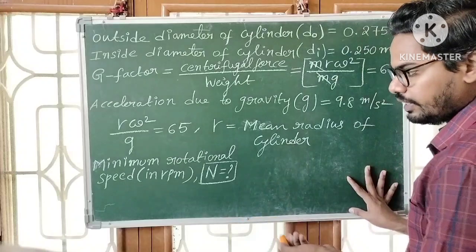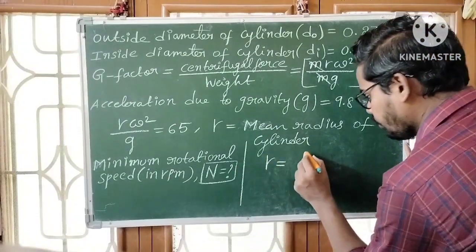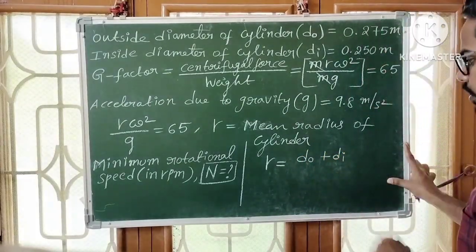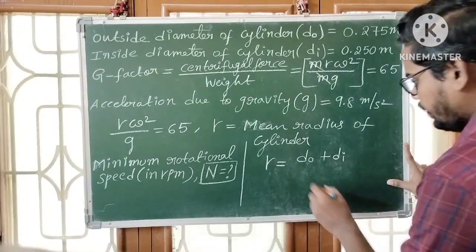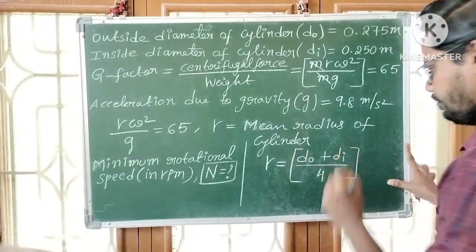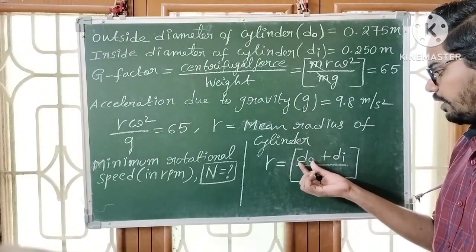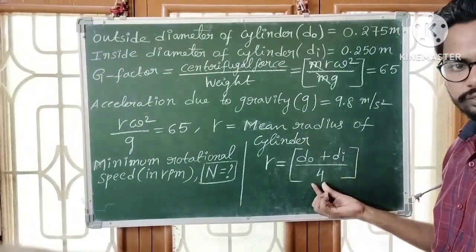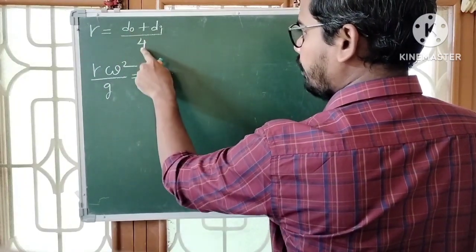So how do we get mean radius? What is the formula for mean radius? Mean radius R is equal to outer diameter plus inner diameter by 4, that is R is equal to D naught plus DI by 4.